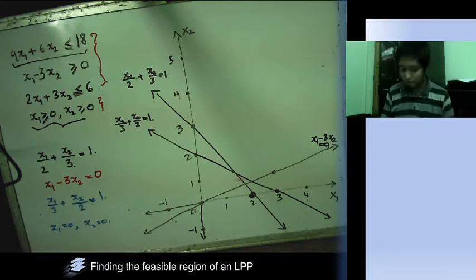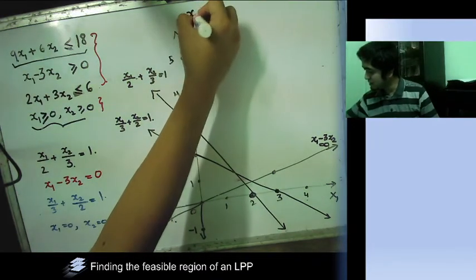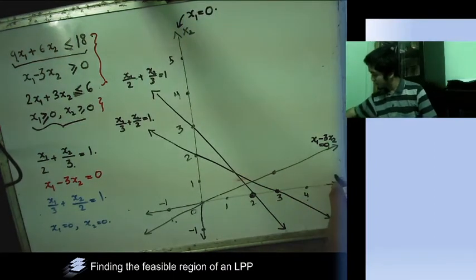Also you will need these two lines, x1 equal to 0 and x2 equal to 0. That one can be easily done. The y-axis is the line x1 equal to 0, and this one is the line x2 equal to 0.